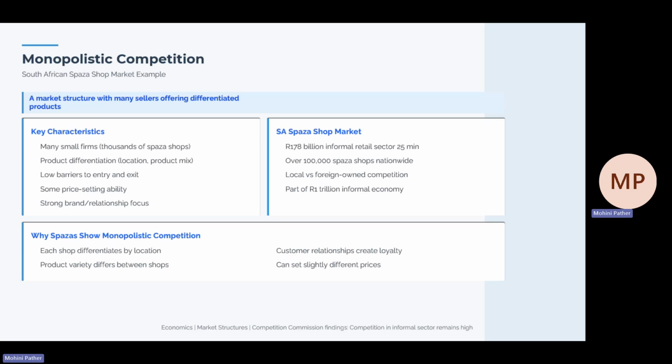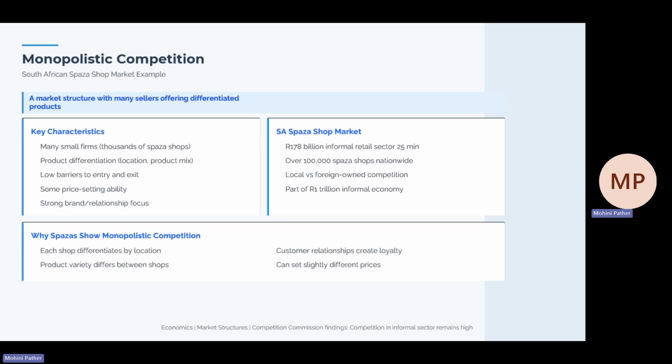They often have strong brand relationships and a focus on producing brands that people recognize. Okay, so the other issue is we have over 100,000 spaza shops nationwide. They're part of a $1 trillion informal economy, and there are local and foreign-owned businesses in competition in South Africa.